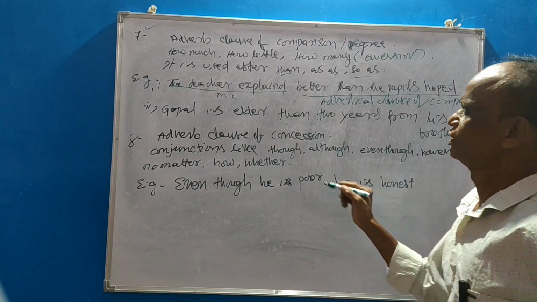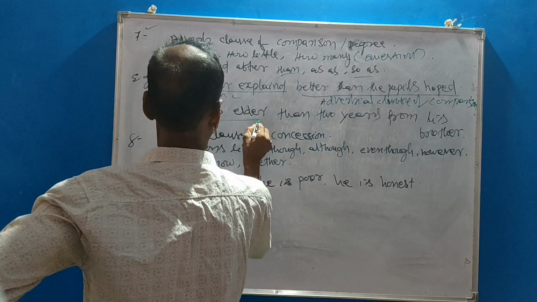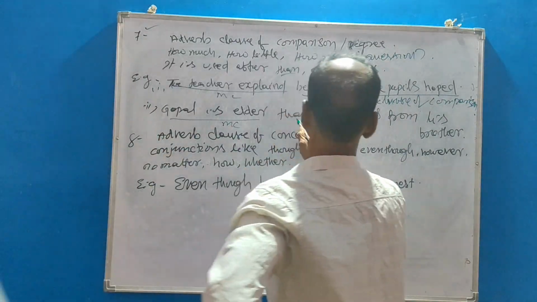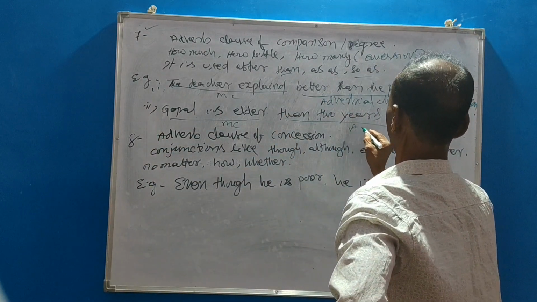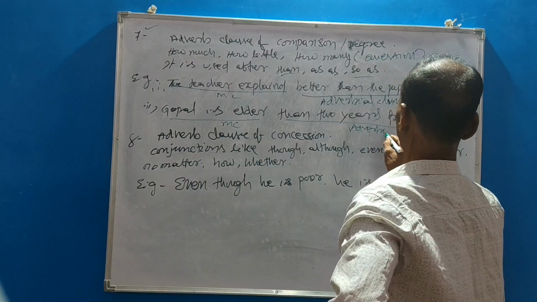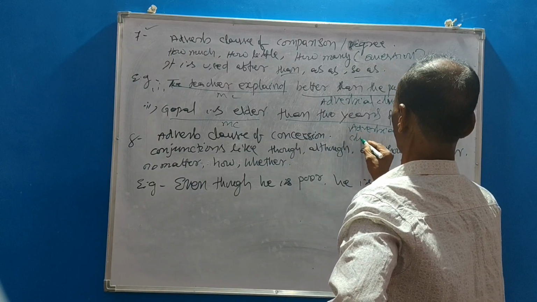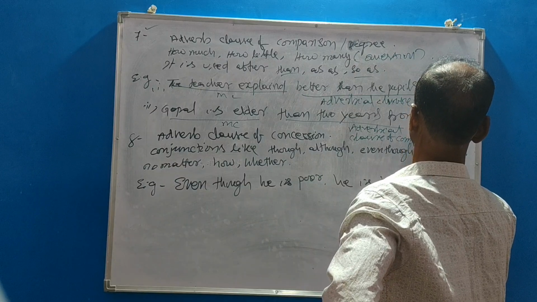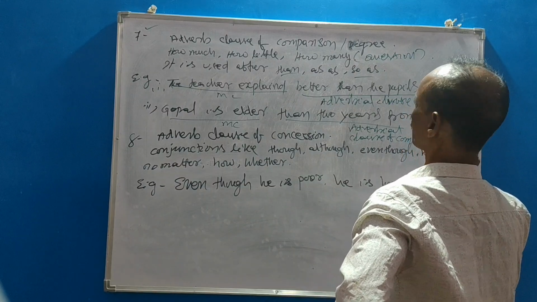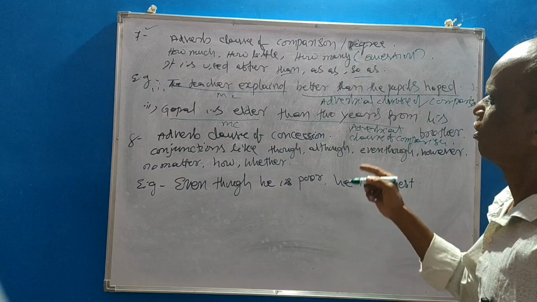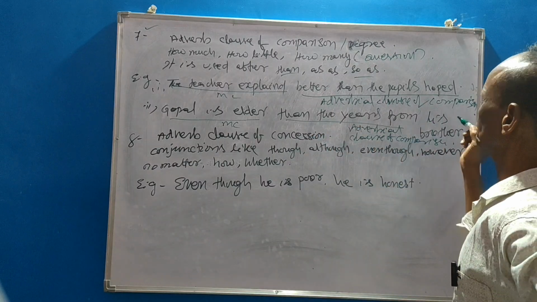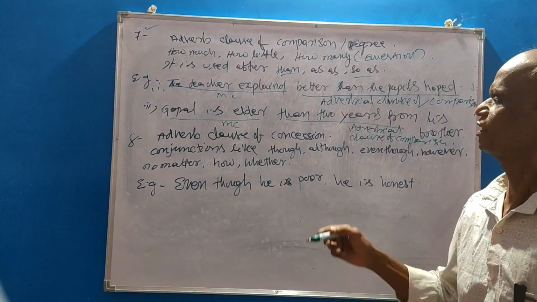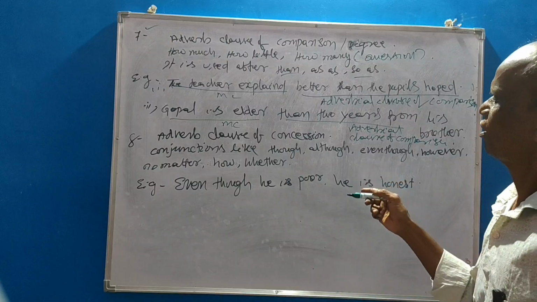Gopal is elder, the main clause, than two years from his brother, the clause of comparison.